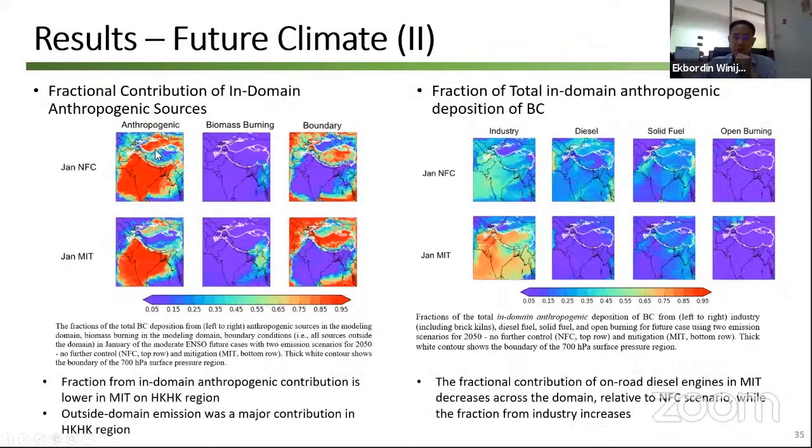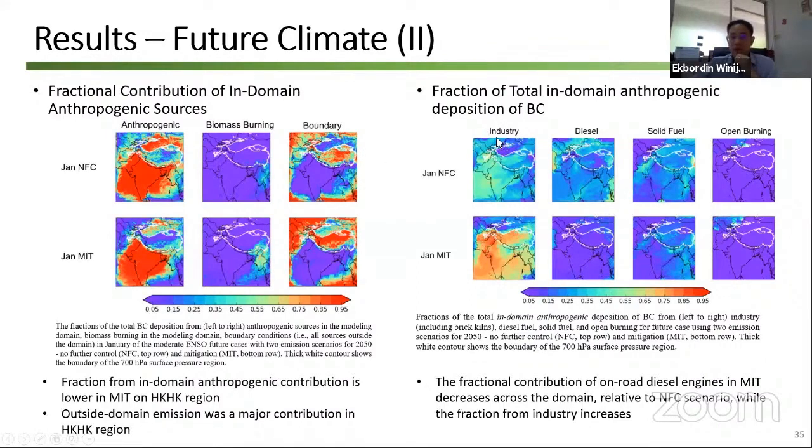Talking about the in-study-area contribution and the outside-of-study-area contribution, it is still the same: BC from outside of the study area contributes significantly to the deposition of BC in this HKHK region.